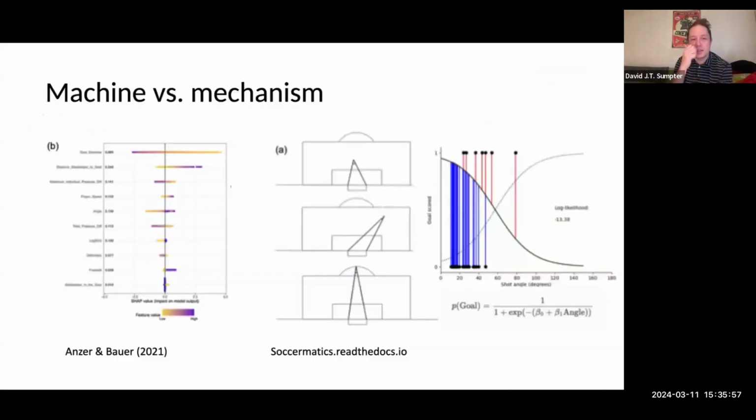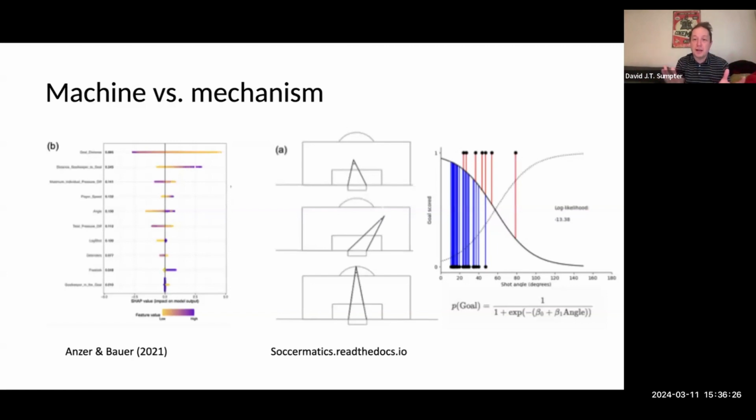Now, I want to contrast this with a machine learning approach. This is a paper on the left where they still used lots of features, but they fitted an XGBoost model and neural networks and so on to expected goals models. They're sacrificing something to do with explainability in order to get a better model fit.